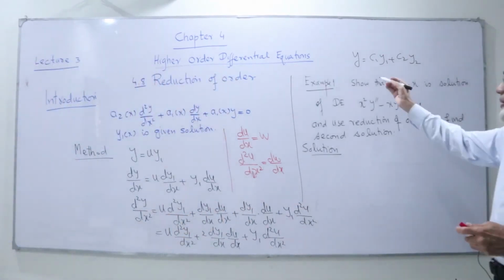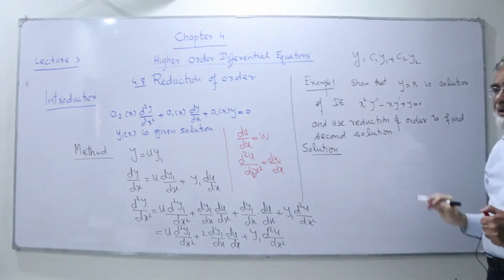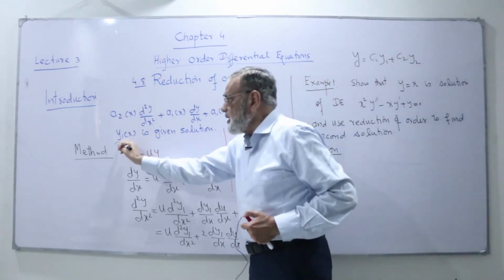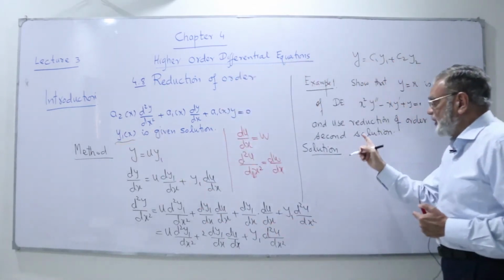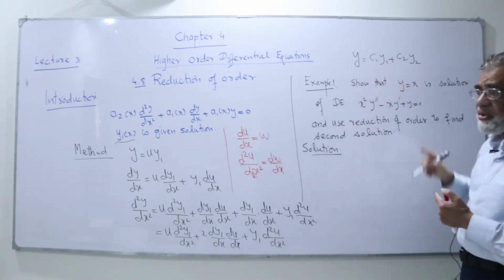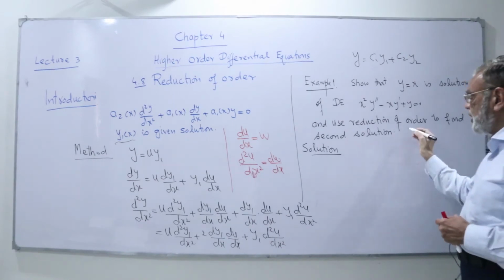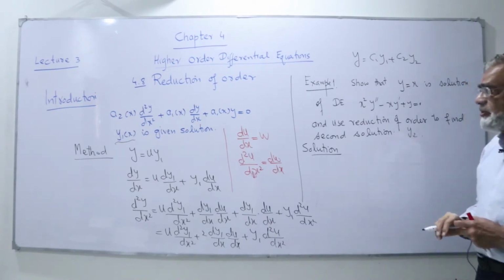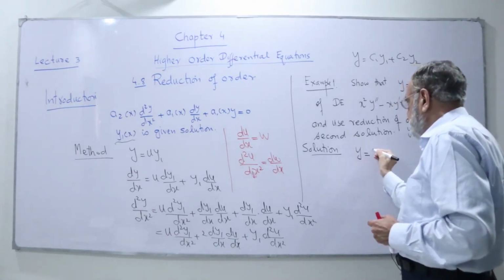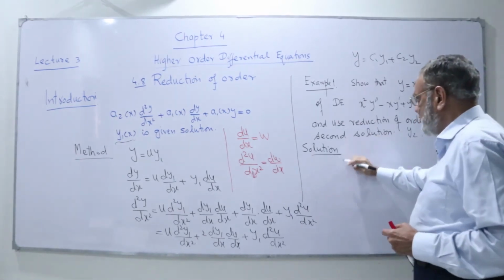We take this example and we want to show that y equal to x is a solution of the differential equation. That means we get one solution, that's y1. Then we want to find the second solution, and we will write the general solution as c1 y1 plus c2 y2, so we want to find y2. Sorry, first we check that this is a solution of the differential equation.